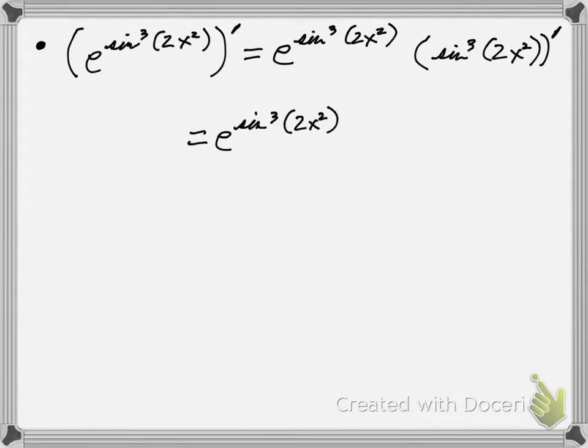To take the derivative of sine cubed of 2x squared, you can choose u to be sine of 2x squared, and then this just becomes the derivative of u cubed, which is of course 3u squared, u being sine of 2x squared, so that's what gets squared. And of course, by using chain rule, you then have to take the derivative of sine of 2x squared.